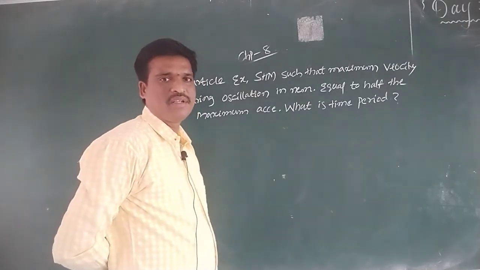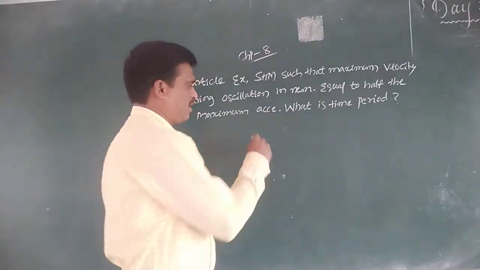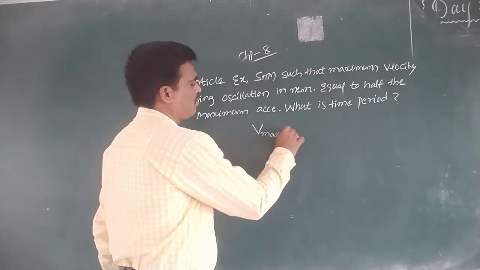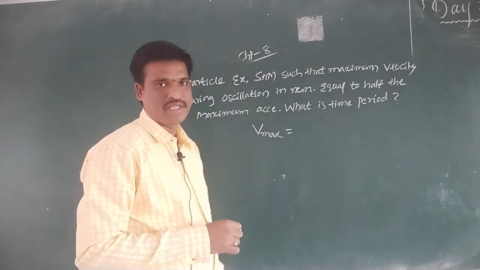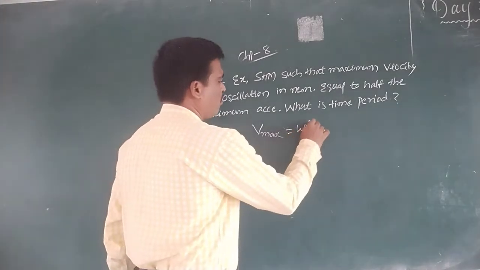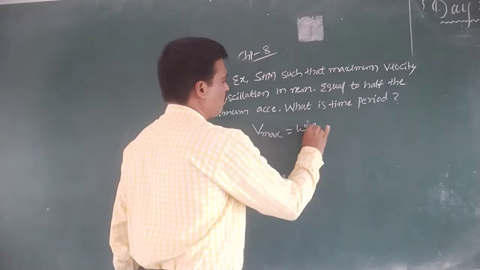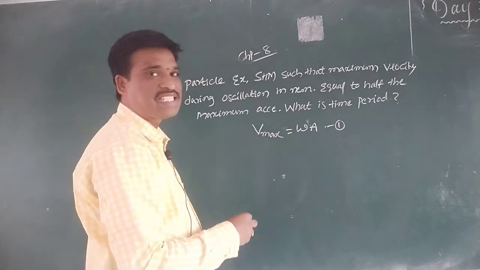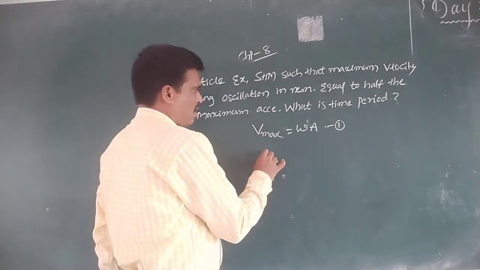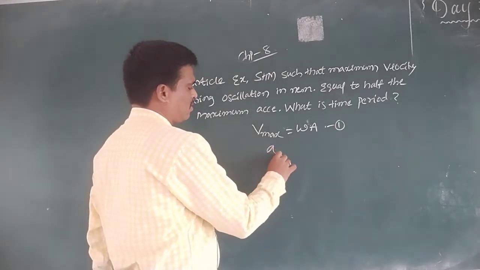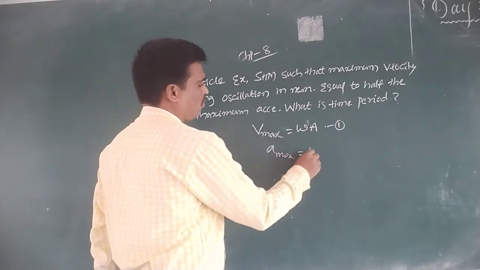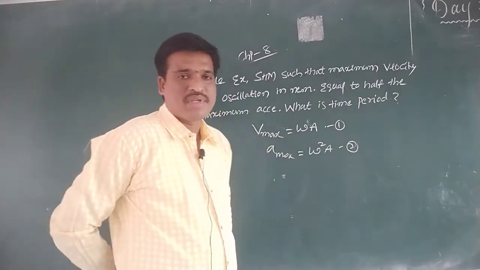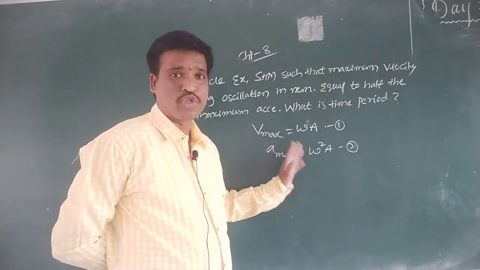At this moment, you know that the maximum velocity of simple harmonic motion is omega a. This is the formula for maximum velocity. For the acceleration, maximum acceleration is equal to omega square a.